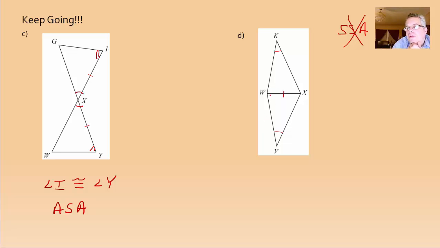What I can do is, if we knew that this angle was congruent to this one, that'd make angle, angle, side. I need three letters to name this angle, so angle KWX is congruent to angle VWX. And that would be angle, angle, side.